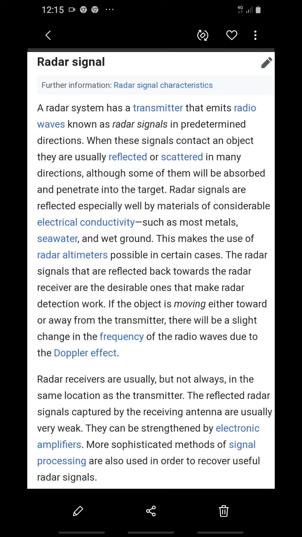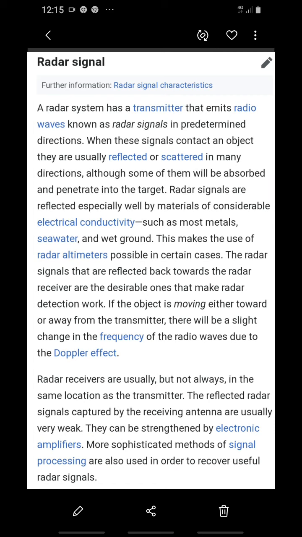When these signals contact an object, they are usually reflected or scattered in many directions, although some of them will be absorbed and penetrate into the target.